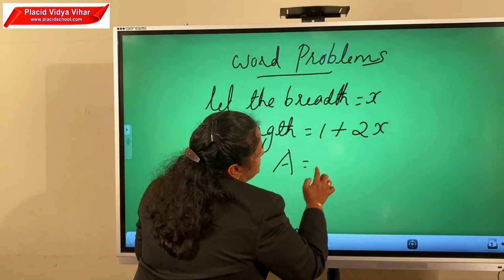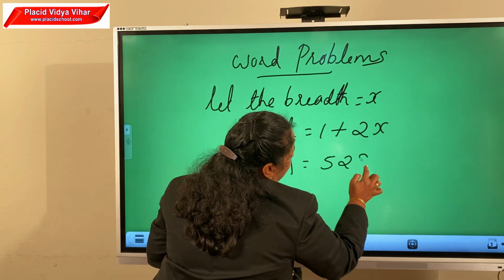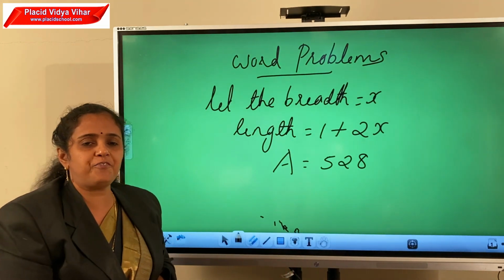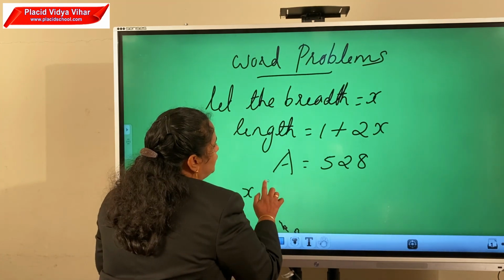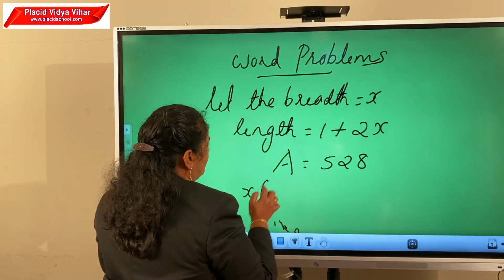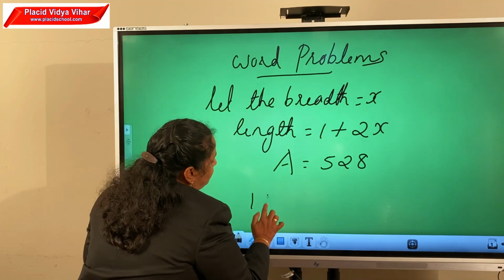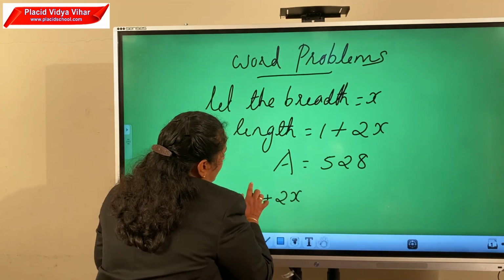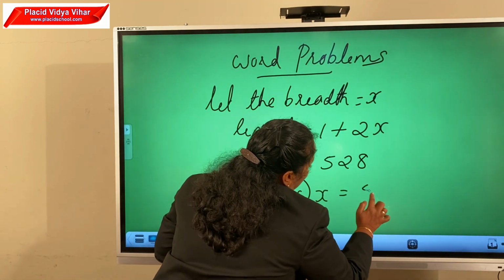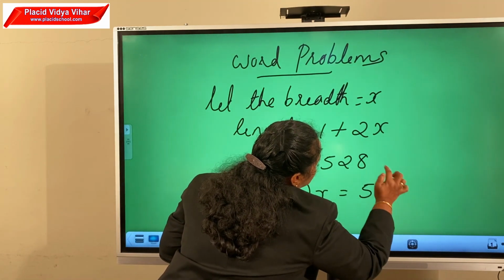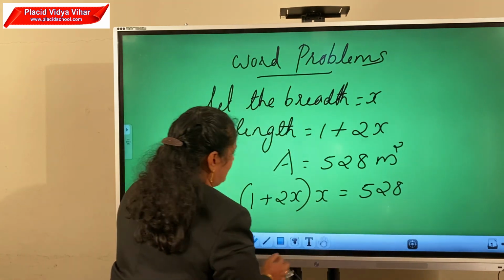The area is equal to 528. We know that the area of a rectangle is length into breadth. That is x into the length, which is 1 plus 2x. That is 1 plus 2x into x, length into breadth, is equal to the area, that is 528 meters square.